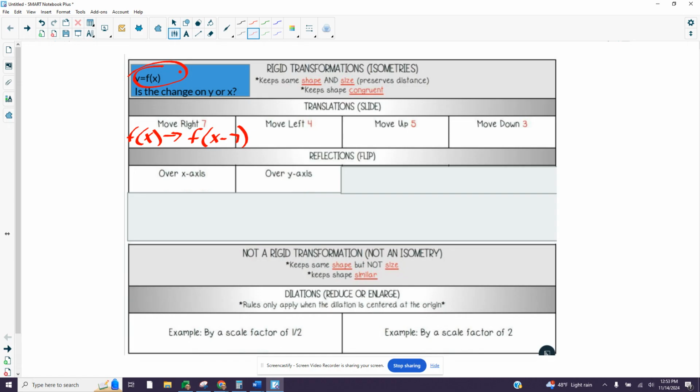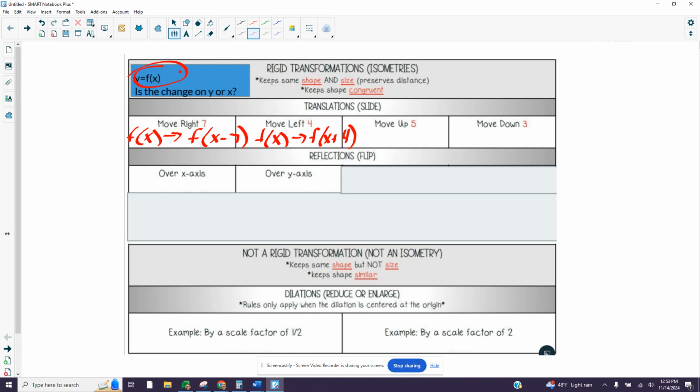What if we're moving to the left? Again, a left or right is the change on the x value because you're sliding with that x-axis. So our f of x is now going to change to f of x with the number, but here again, left is going to be the opposite of what you think, so we are going to add 4 here.